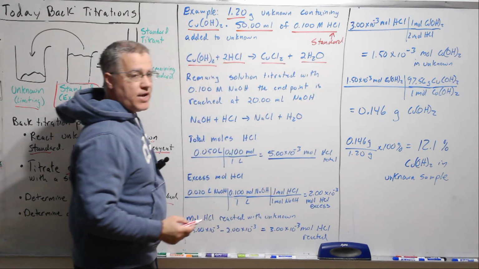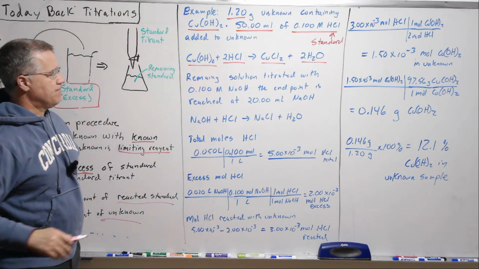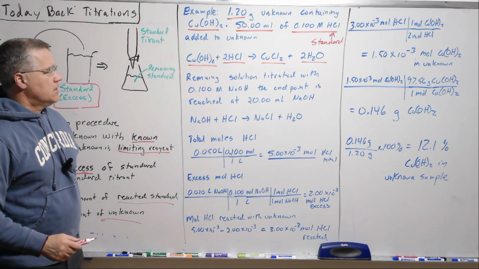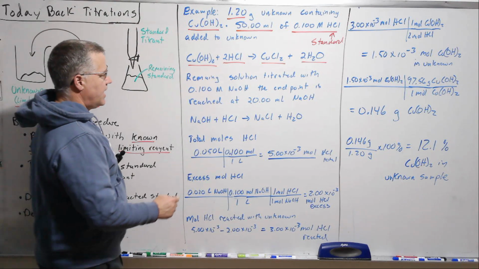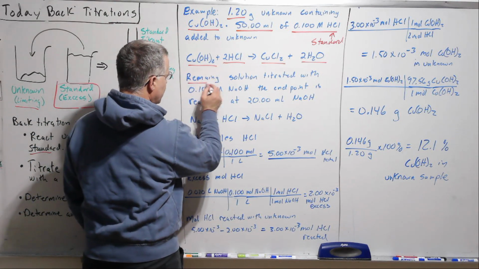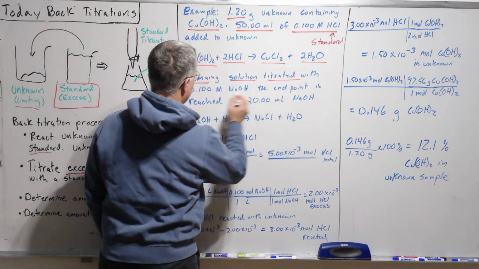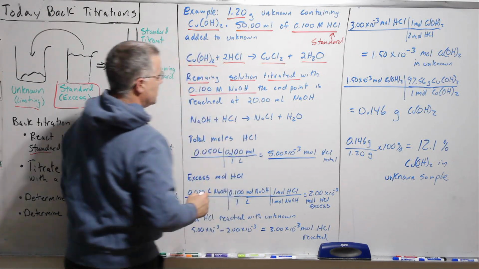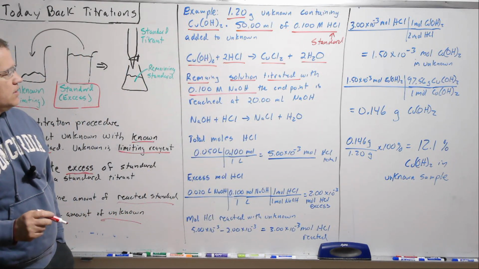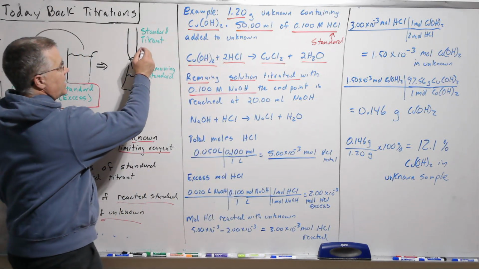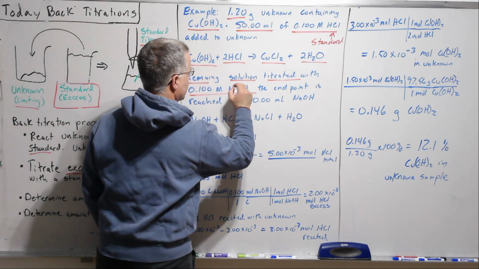And this reaction will go pretty much all the way. Now, what we're going to do is say this remaining solution is titrated with 0.1 molar sodium hydroxide. So that's the titrant over here. So this is the titrant.